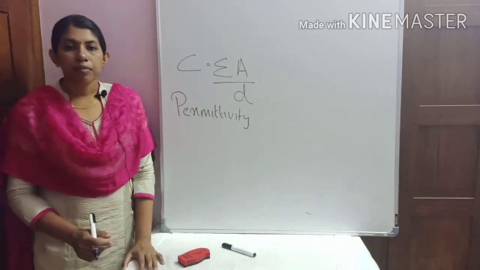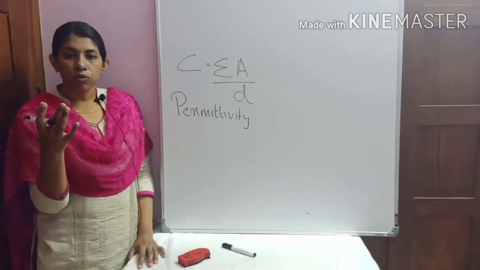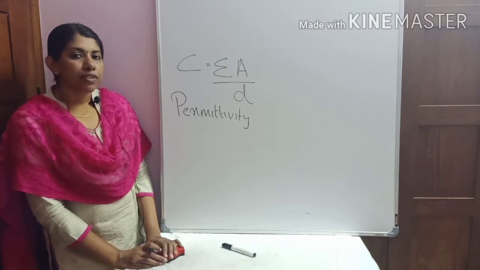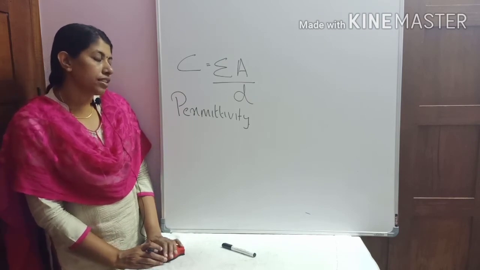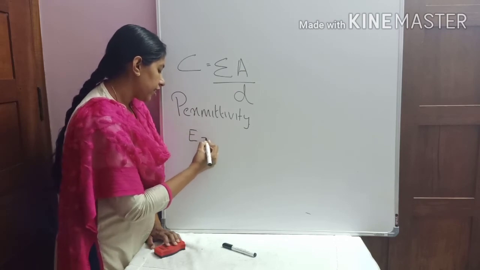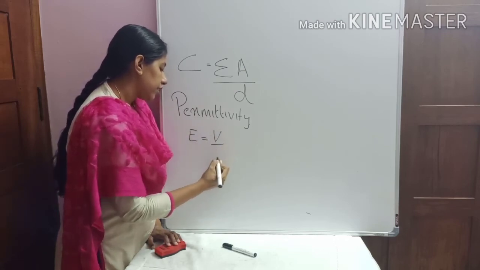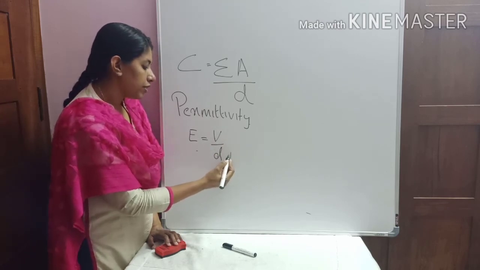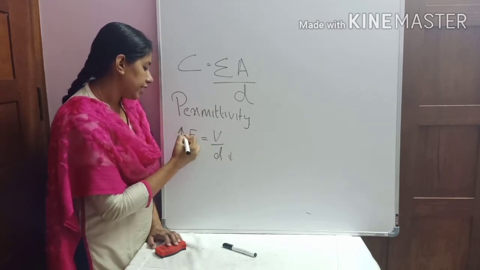When the area of the conducting plates is increased, it can store more charge, therefore capacitance increases. Now let us see what will happen when the value of D is decreased. We know that the equation connecting electric field and distance is E is equal to V by D. So when this value decreases, the electric field increases.